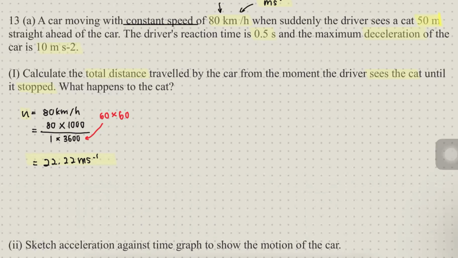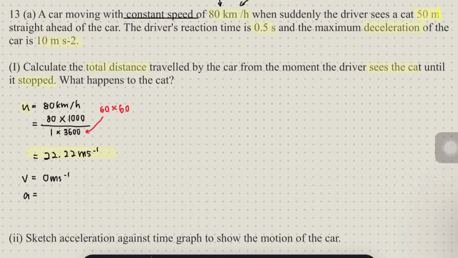As we know, the car will stop at last, so the final velocity will be 0 meters per second. Then we get the deceleration is equal to 10 meters per second squared. It is a deceleration, so the acceleration will be negative 10 meters per second squared. So now we are going to find the total distance traveled.